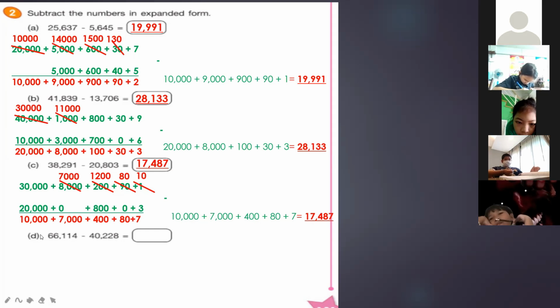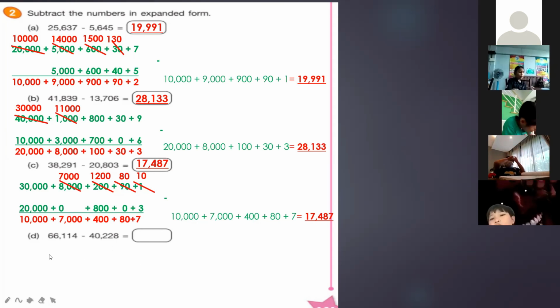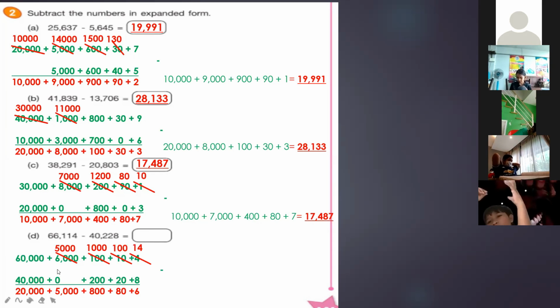Okay, so let's proceed to the next letter. We have 66,114 minus 40,228. So what is the difference between these numbers? So let's first write the expanded form of these numbers. So we have 60,000 plus 6,000 plus 100 plus 10 plus 4 minus 40,000 plus 0 plus 200 plus 20 plus 8.